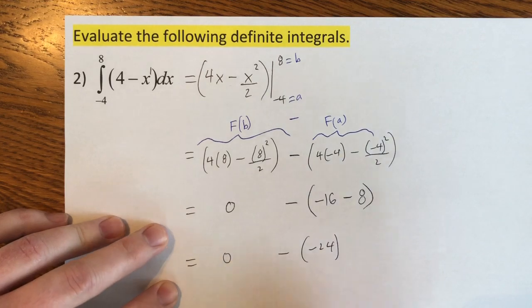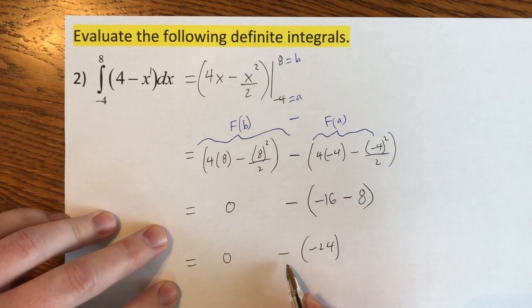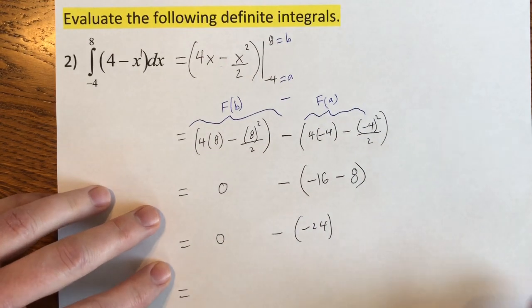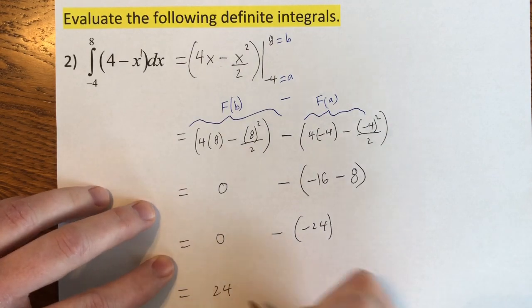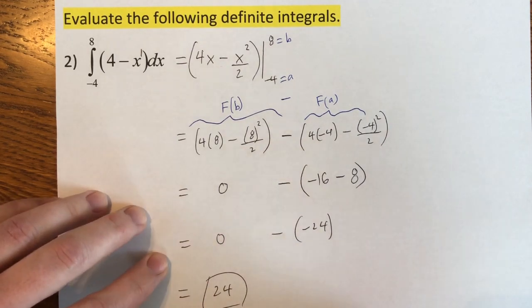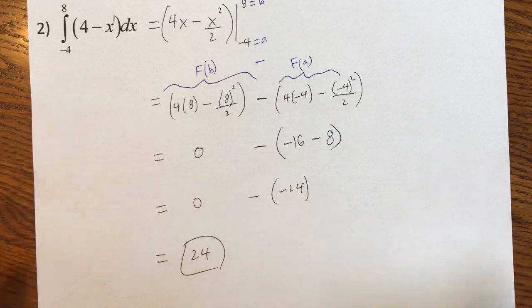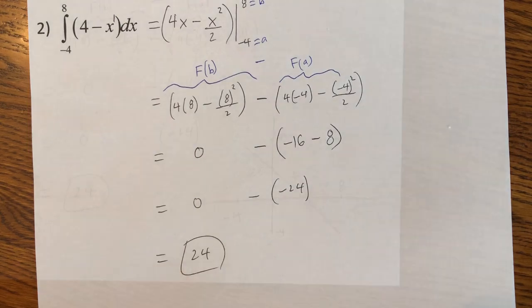So our final answer is 0 minus a negative 24, which is just 24. Now, we're not going to put units squared here. We're just going to put 24. This is not the area that's being bound by the graph over the closed interval from negative 4 to 8. Let me show you why that's the case.